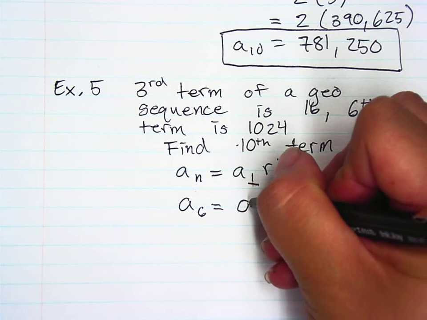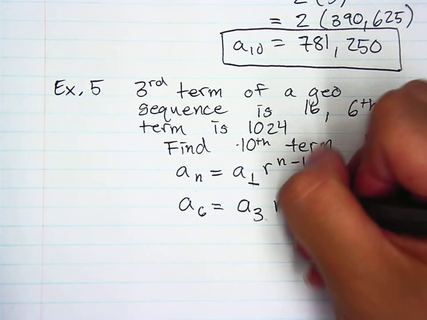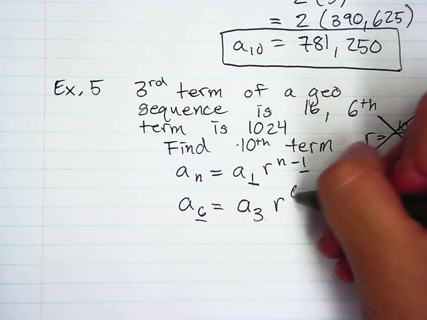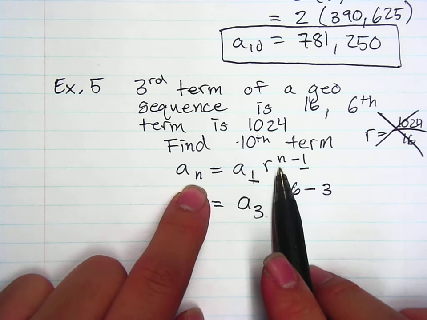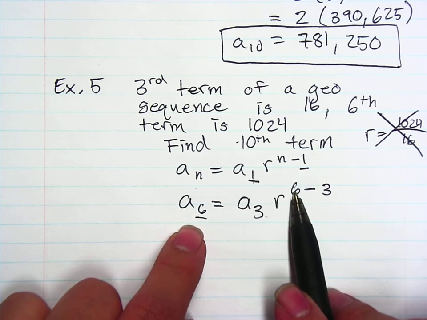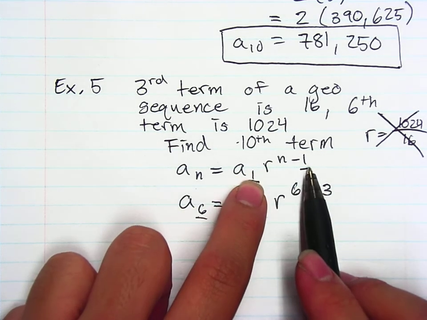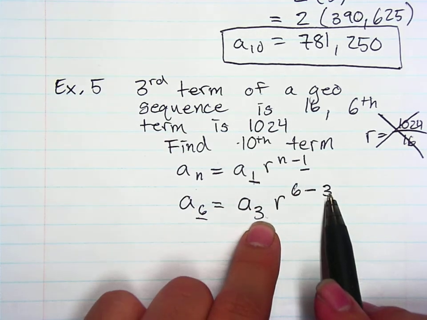So a sub 6 is going to be equal to a sub 3 times r to the n, which is going to be 6 minus 3. Again, I substituted n with my 6 because I'm given a 6th term. Then I replaced the 1s with the third term, so I'm replacing them with 3.